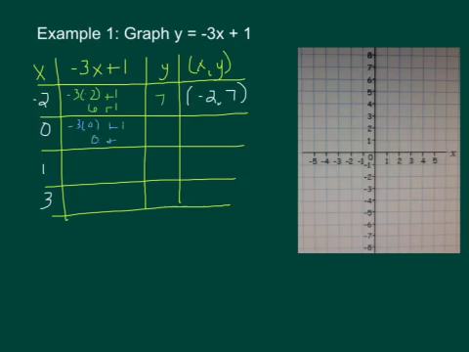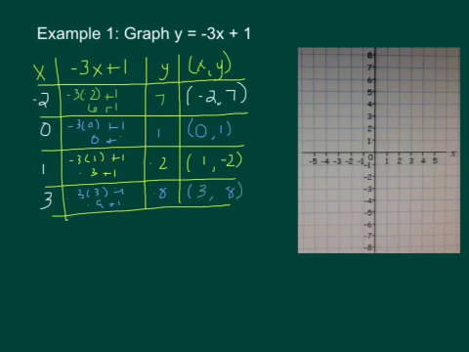That's 0 plus 1, which is 1. Ordered pair 0, 1. The third one, I'm sorry, -3 times 1. So that's -3 plus 1 is -2. And that gives us the ordered pair 1, comma, -2. And the last one here, -3 times 3 plus 1 is -9 plus 1, which is -8, giving us the ordered pair 3, -8.